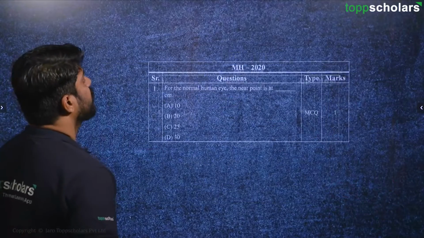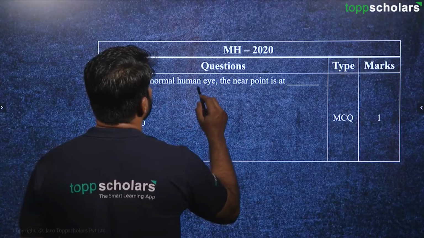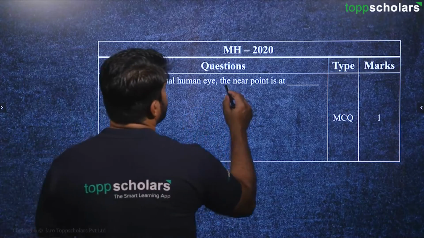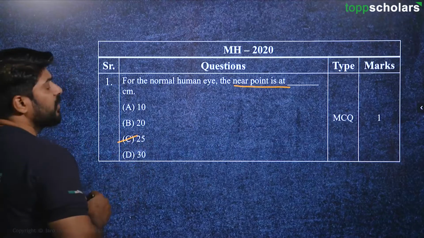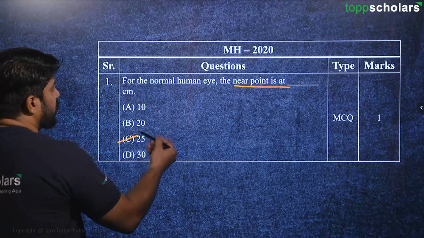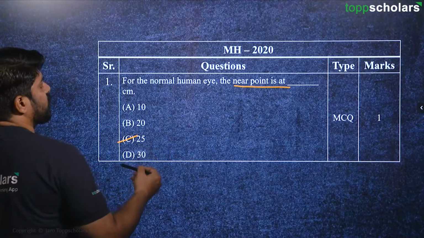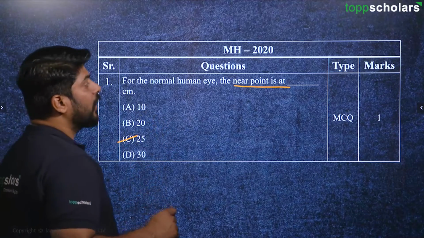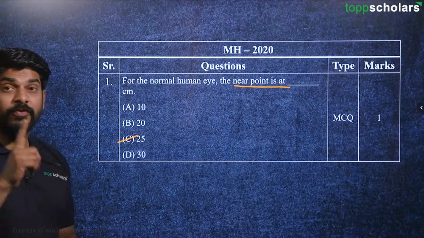Moving on to the next question. Okay. For the normal human eye, the near point is at what? So the 4 options are given: 10, 20 centimeters, 25 and 30. So for a normal human eye, it is found out that the near point is at 25 centimeters.